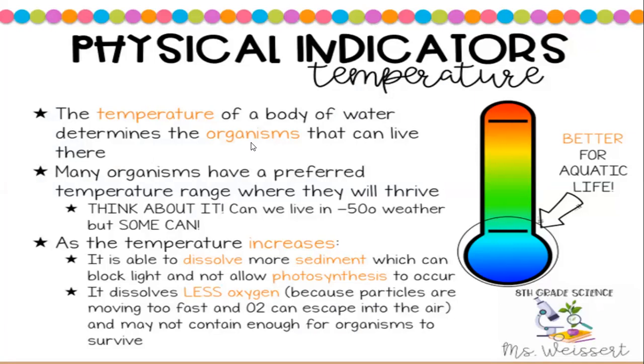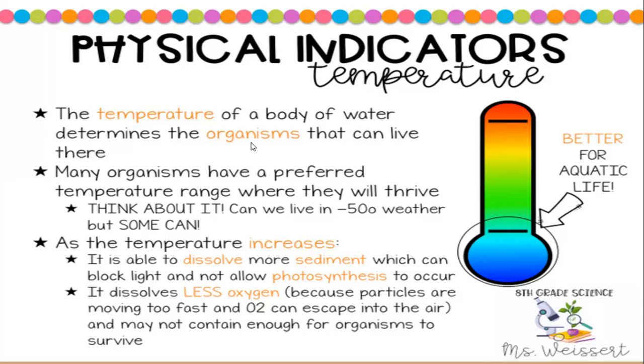You're not going to see salmon near the equator, because salmon prefer cooler water. You're not going to see a lot of tropical angelfish up in the Arctic Circle, because they prefer water that's a little warmer. So they definitely have a preference.